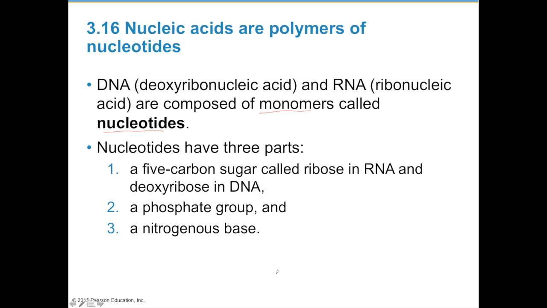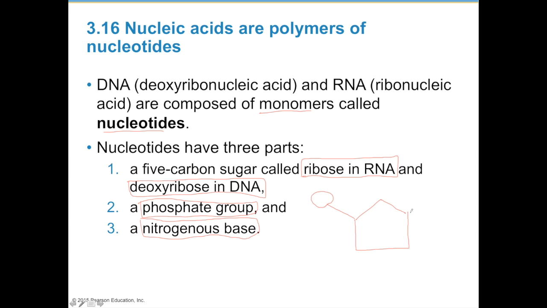Nucleotides have three parts: a 5-carbon sugar called ribose in RNA and deoxyribose in DNA. They also have a phosphate group and a nitrogenous base. How do we remember that? Everybody think about suburban America. What's in suburban America? Everybody wants a house, right?